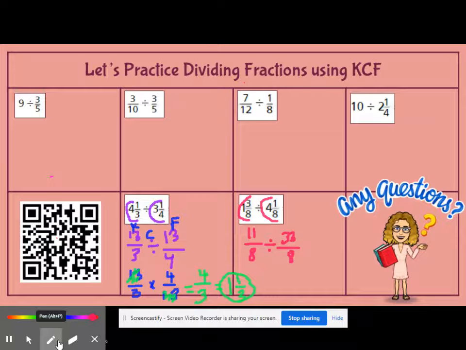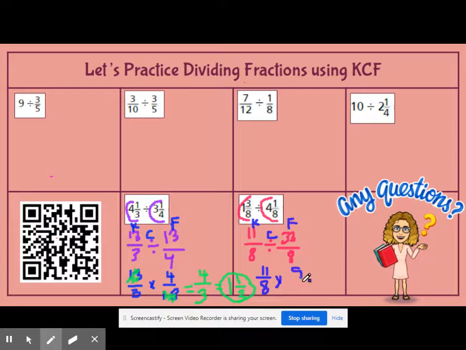Okay, so we are going to keep, change, flip now. So I'm going to keep the first fraction, which was 11 over 8. I'm going to change this to multiplication. I'm going to flip the last one to its reciprocal. And then I get really happy again because what do you notice?